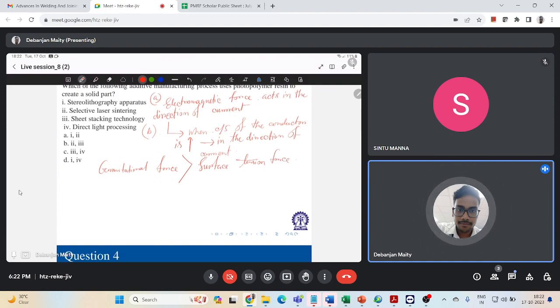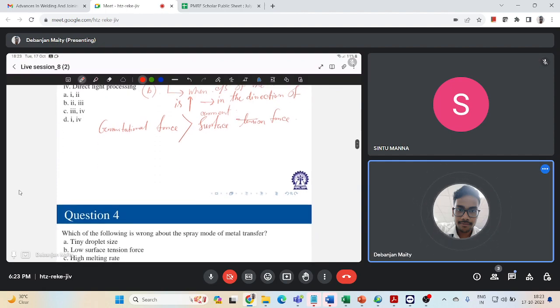And then the droplet transfer occurs when it attains a larger size than the electrode diameter. So that's how the globular transfer happens, and of course it will not be suitable for making any kind of intricate shape or 3D printing. This metal transfer is not suitable for that application.